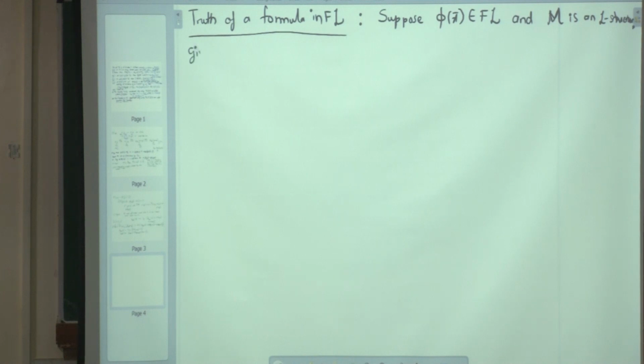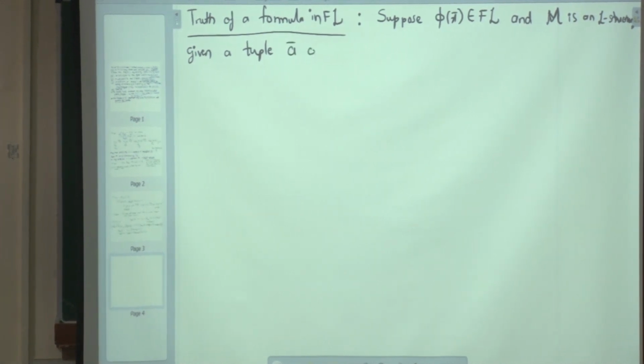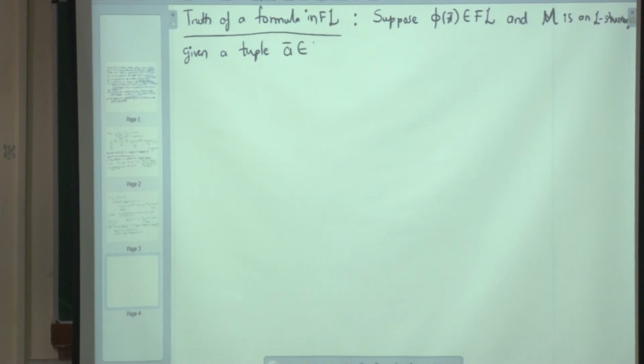Given a tuple A bar in M of length equal to x bar. So, suppose the context is x1, x2, xk, then I should be given a tuple a1, a2, ak.